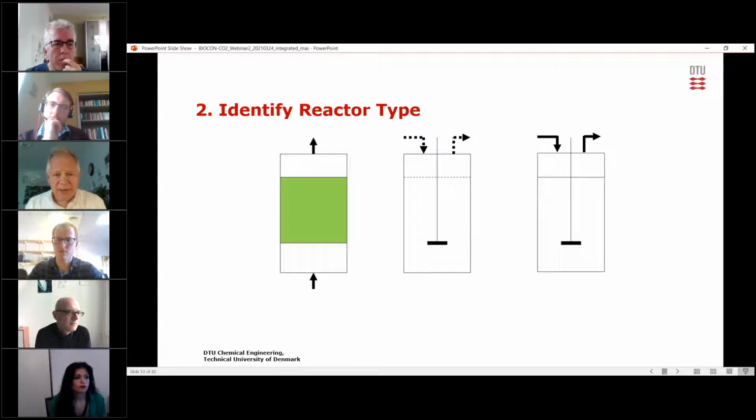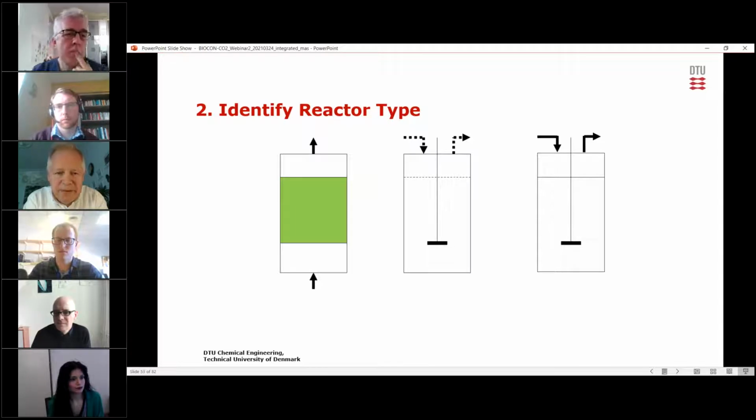Beyond that, we can then think about different types of reactors. And here I show the classical 3 types of reactors we use in chemical engineering. So on the left-hand side, a packed bed reactor where we have immobilized enzyme inside. In the middle, we have here the batch reactor, which is we load up our substrate at the beginning, and over time it gets converted to product.